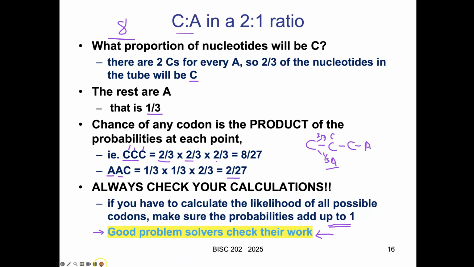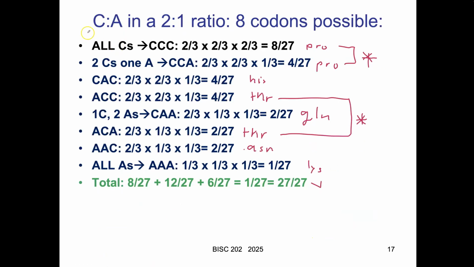So let's just go through the full calculations for this. The way I approach it is I take them in turns. First of all, I know that there's going to be 8 codons. So you have 2 in combinations of 3, which is 2 cubed, and that is 8 codons possible. But if you're not sure, you can just write them all out, right?